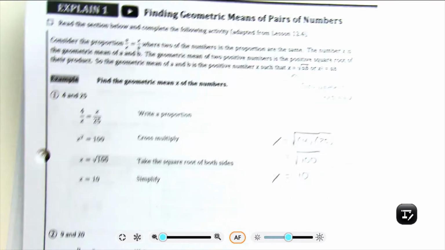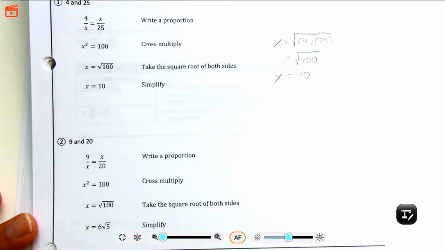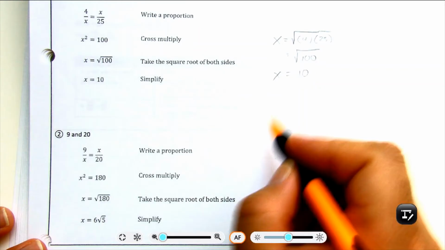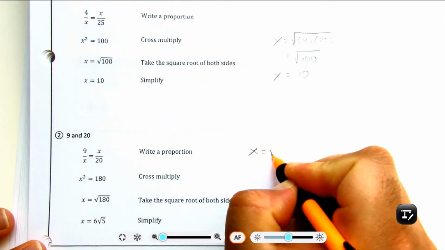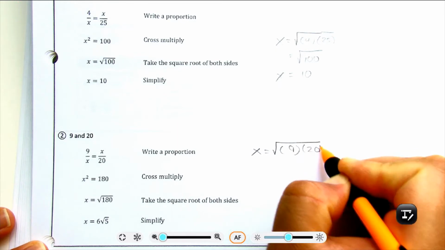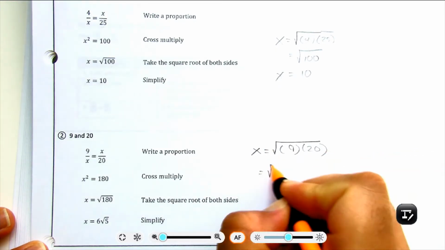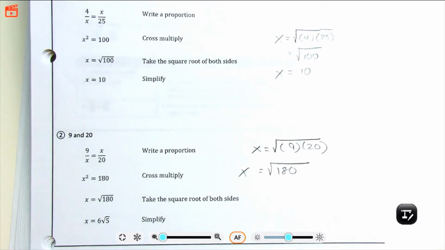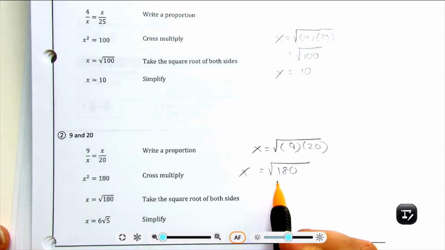I'm going to use this shortcut on the next problem. So if a is 9 and b is 20, I'm going to write x is equal to the square root of 9 times 20, and that is the square root of 180. Now in algebra, you learn how to simplify a radical expression, and that's what we're going to be doing here. So how do we simplify the square root of 180?